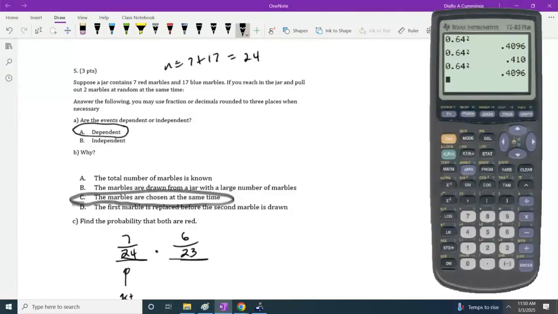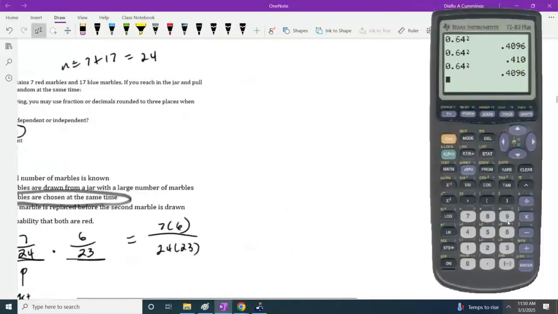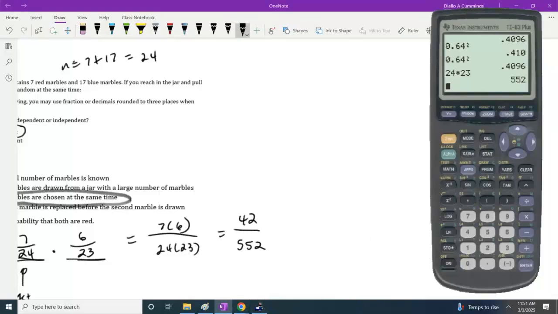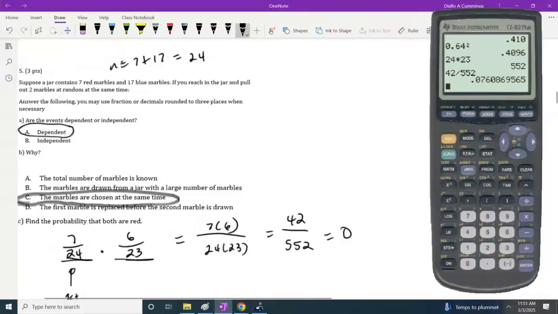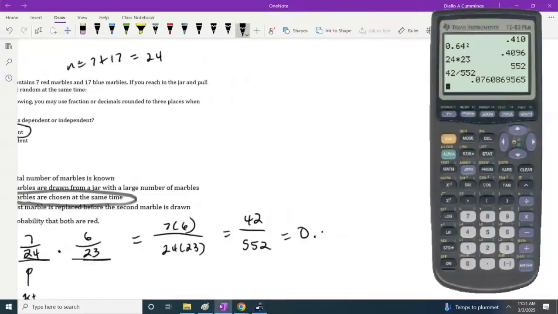And since we've taken 1 red marble away, there's only 6 red marbles to choose from. So we're going to multiply the 2 probabilities. So whenever you multiply fractions, multiply the numerators, multiply the denominators. So 7 times 6 is 42. 24 times 23 is 552. 42 divided by 552 is, rounded to 3 decimal places, 0.076.